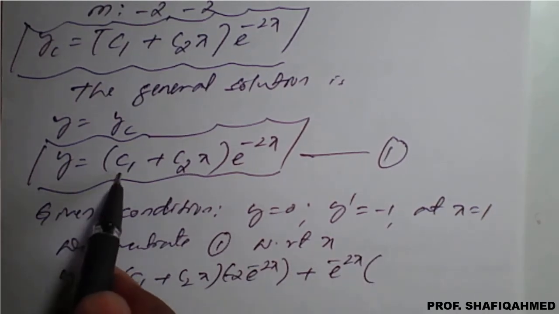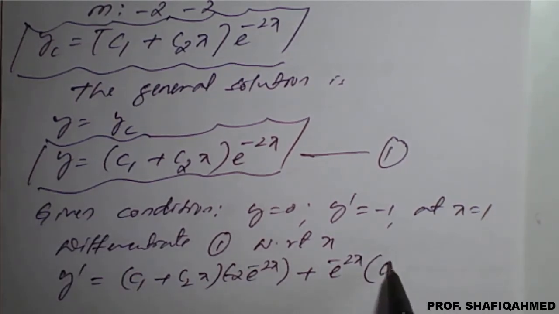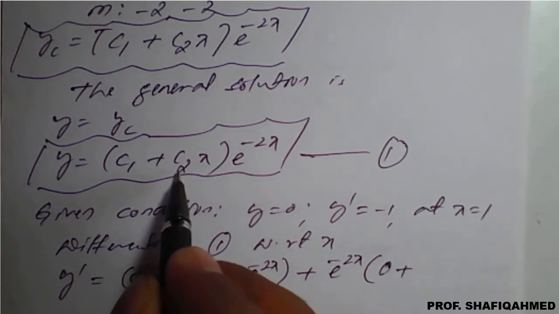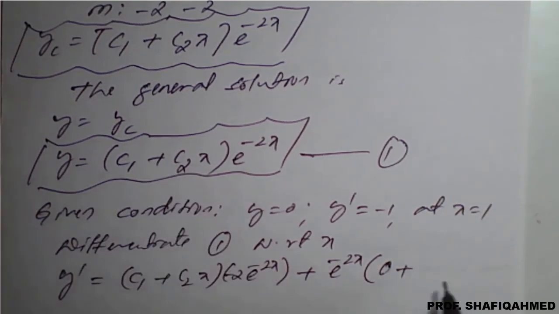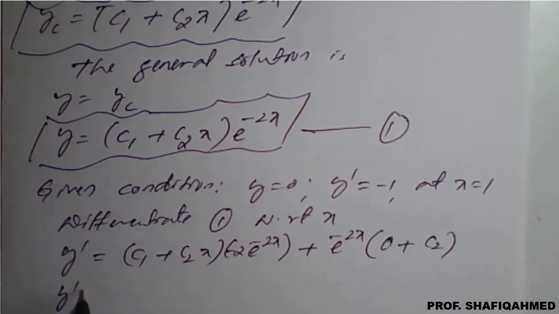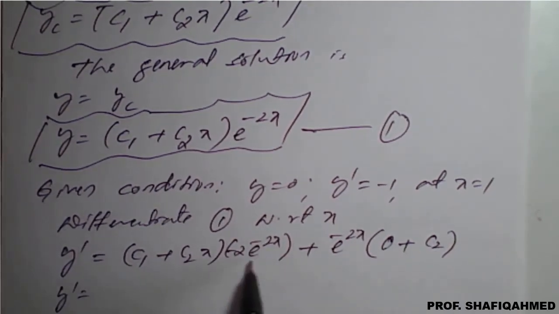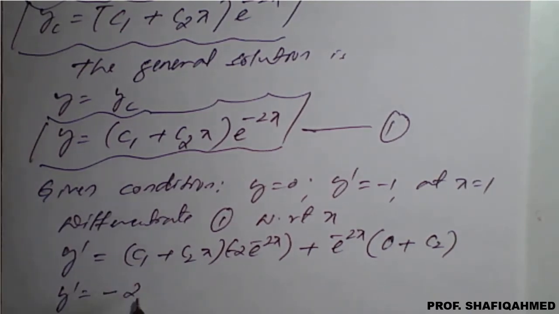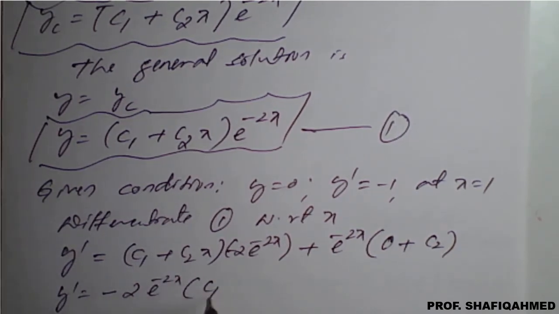The differentiation of c1, which is constant with respect to x, is 0, plus the differentiation of c2x is c2. Rearranging, y' is -2e^(-2x)(c1 + c2x).